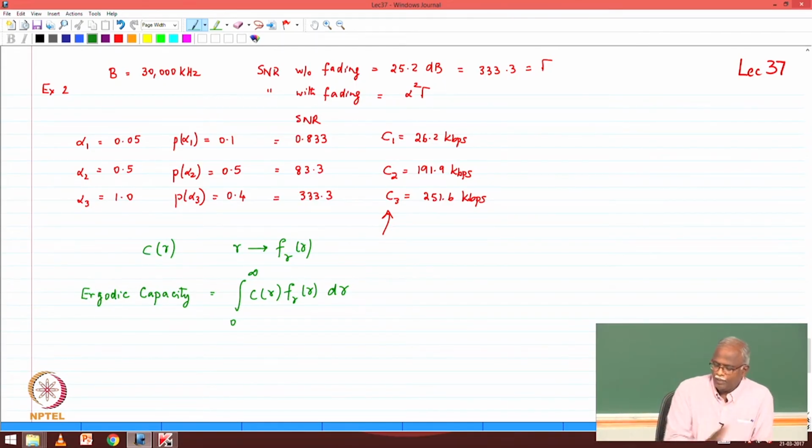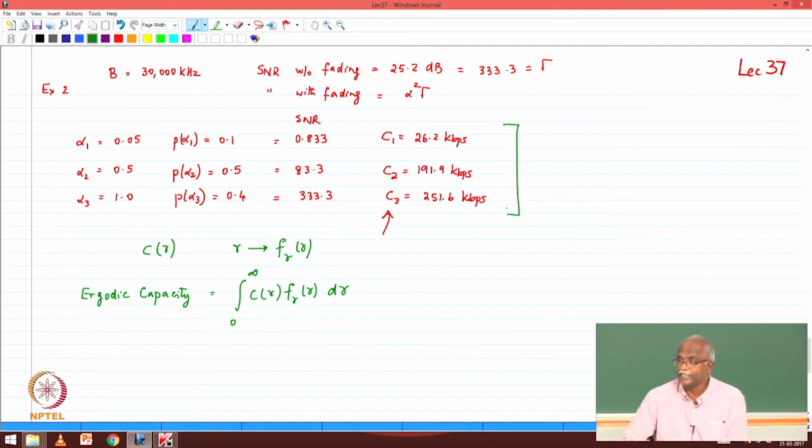If a probability is very less, then that's not going to be as dominant a factor. This is for a continuous distribution of SNRs, but here this is an example where we have a discrete number, so therefore I would like to calculate the ergodic capacity.